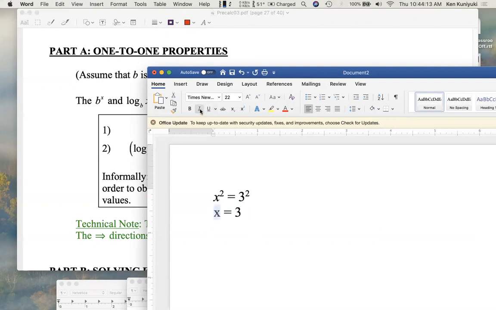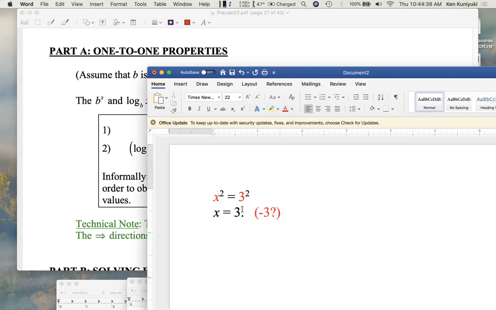Is that going to be correct? Well, not necessarily, because x could also be negative 3. So it is not the case that just because these two things look like they match up, it necessarily means you can equate them to each other, okay? Yes, x could be 3, but x could also be negative 3.